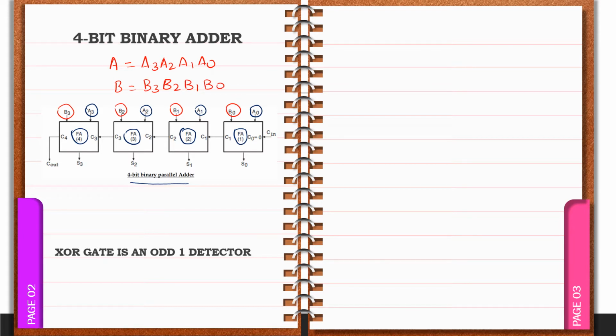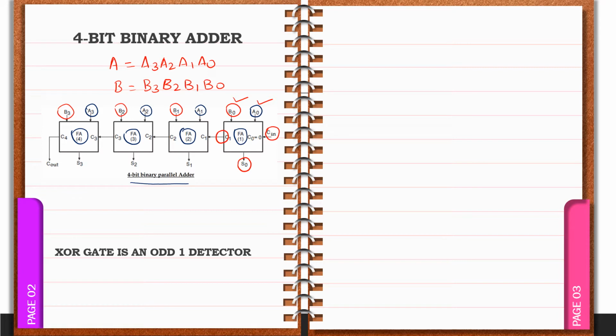So totally we have two 4-bit values given to the full adder. The full adder needs 3 inputs, that is A0, B0 and Cin, and we will get two outputs, sum and carry.